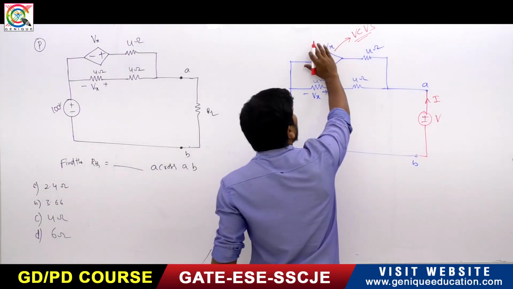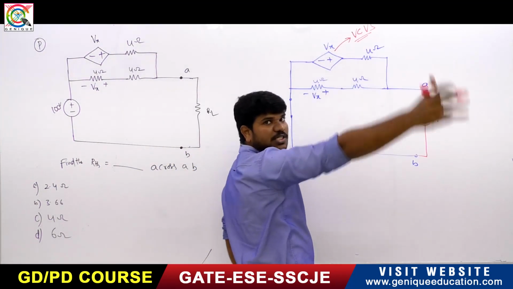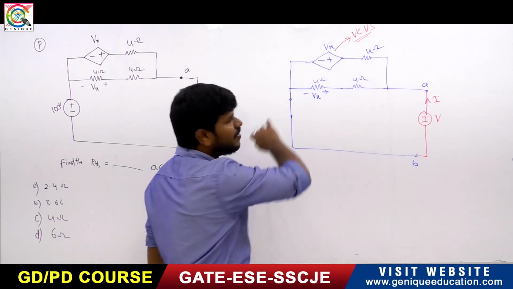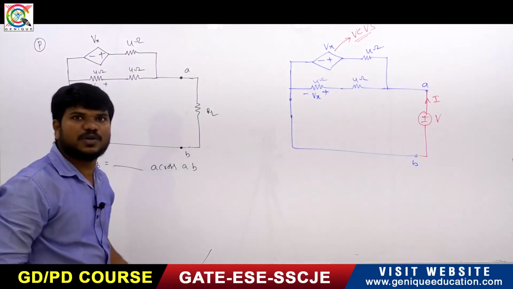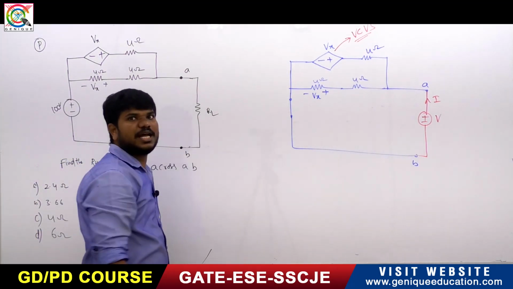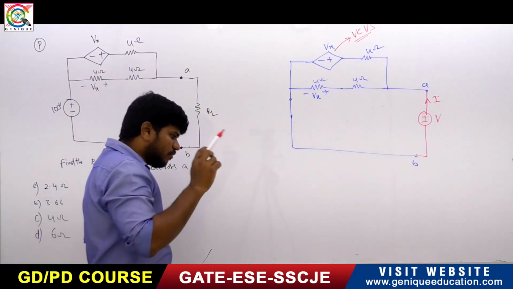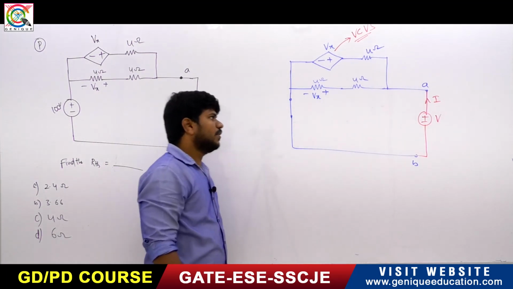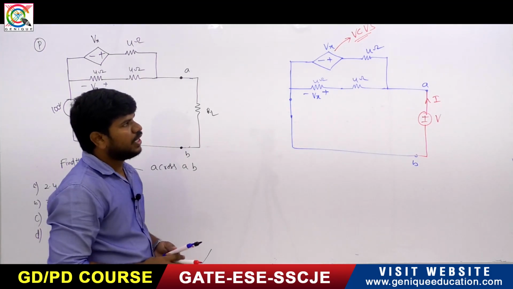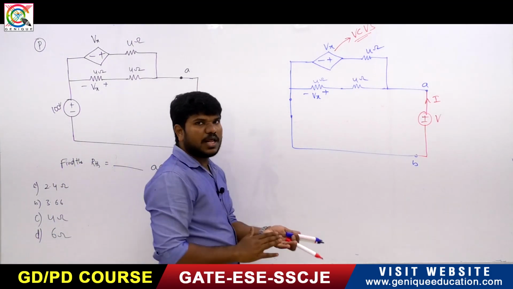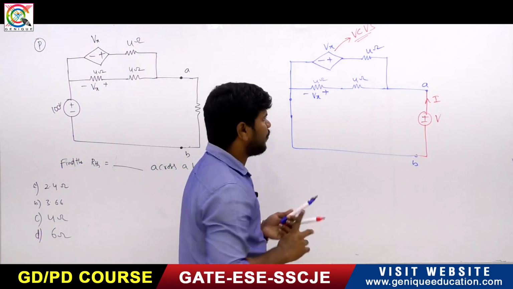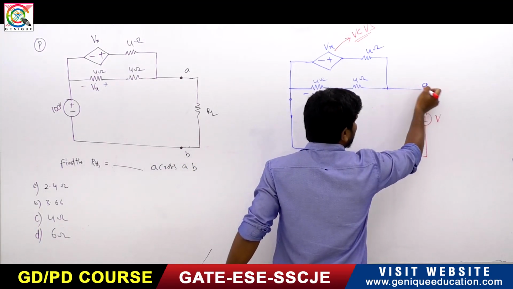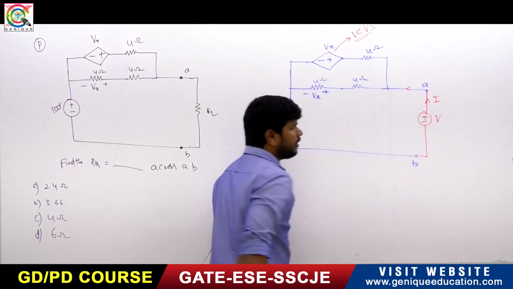Suppose the dependent source is not there, you can directly use the simplification techniques, which will be easy if there is no dependent source in the given circuit. While finding the RTH, you have to be careful. Now you can apply nodal analysis or mesh analysis as you wish. So what is the current here? The current I is flowing in this.